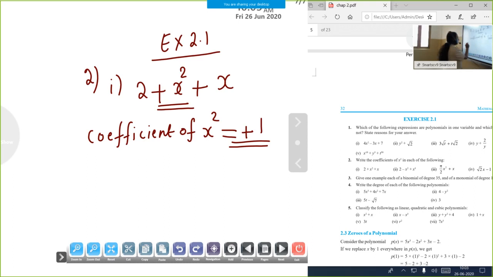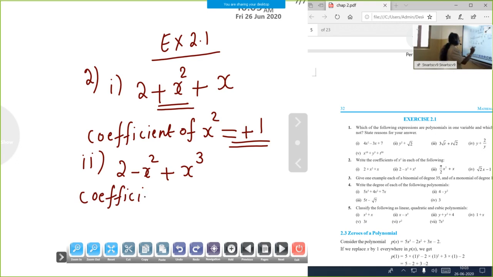Then second expression. Your question is 2 minus x square plus x cube. What is the coefficient of x square? Coefficient of x square equals, what is the number together with that expression? This is x square. What is the number there? Minus 1. Take sign also. Minus 1. And third one, pi by 2 x square plus x.